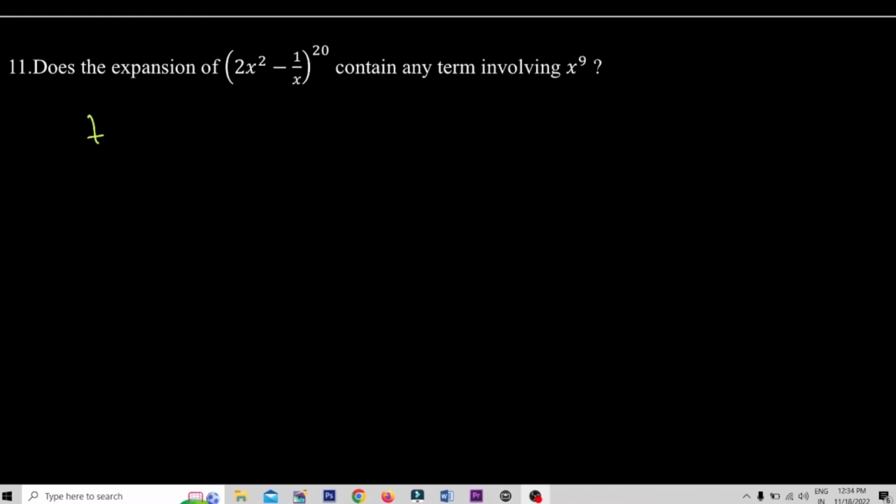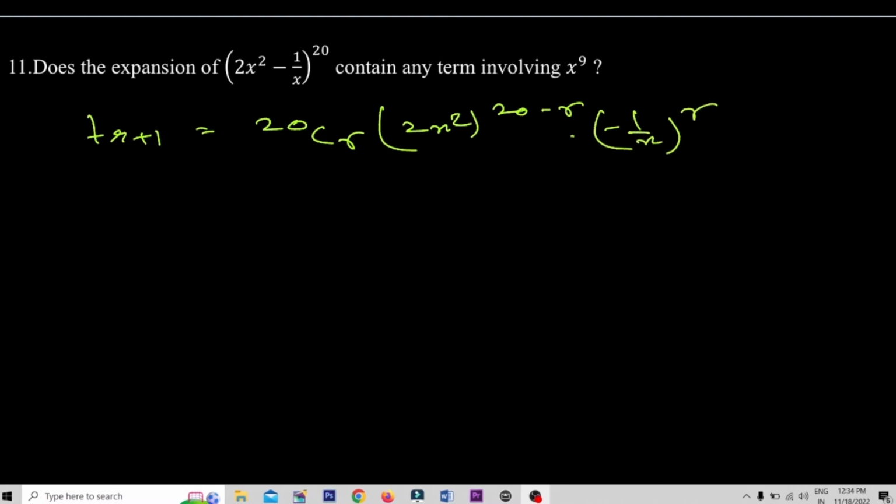So T(r plus 1) equals nCr, first term whole to the power 20 minus r, (minus 1 by x) whole to the power r. And if we calculate the expansion, we are getting minus 1 to the power r, 2 to the power 20 minus r, 20Cr.